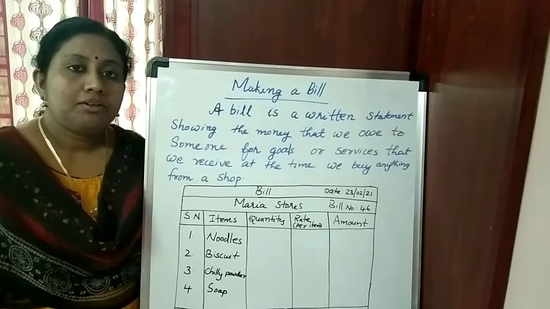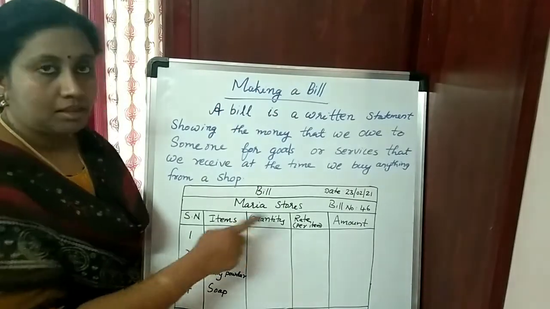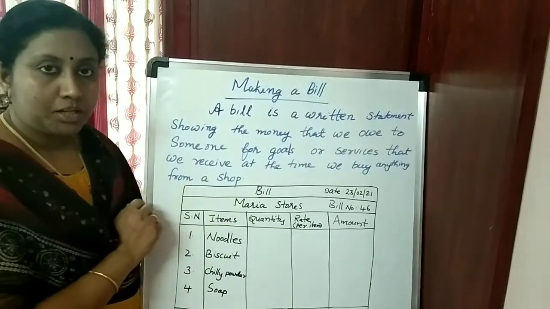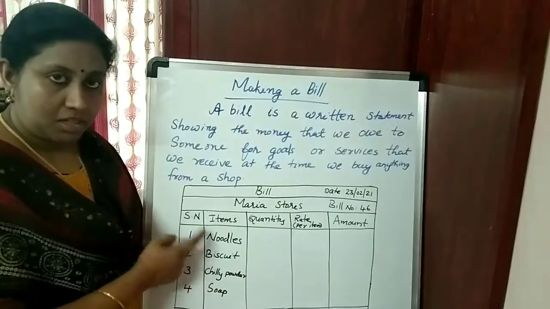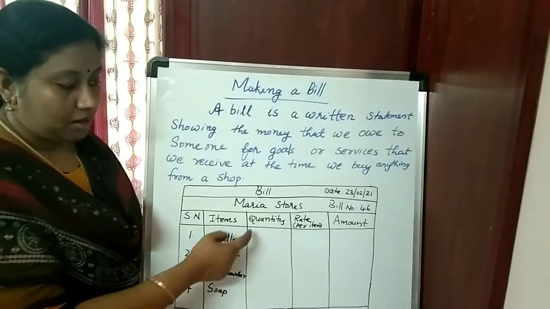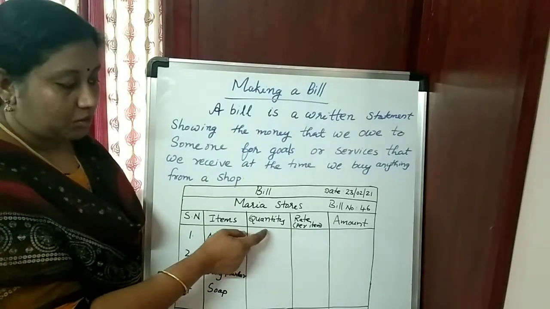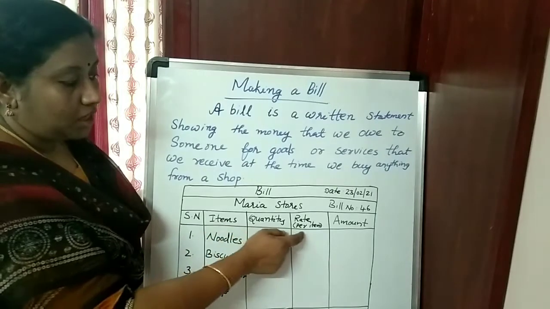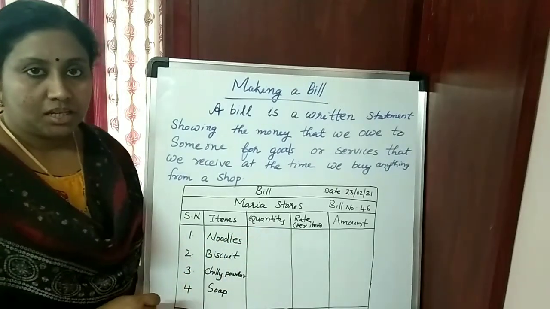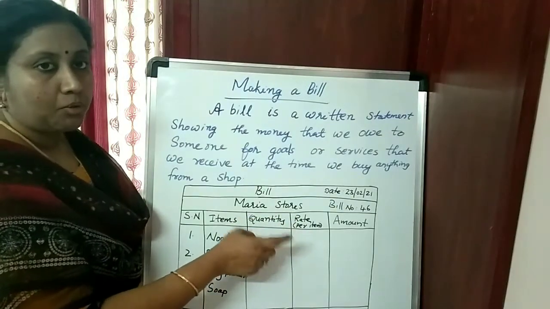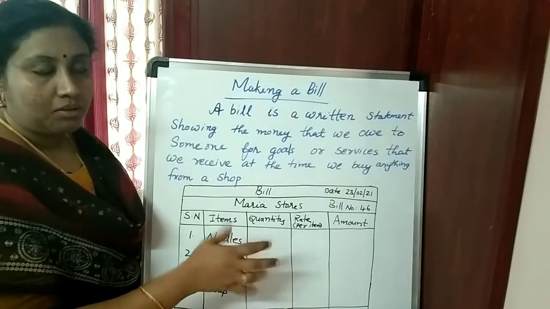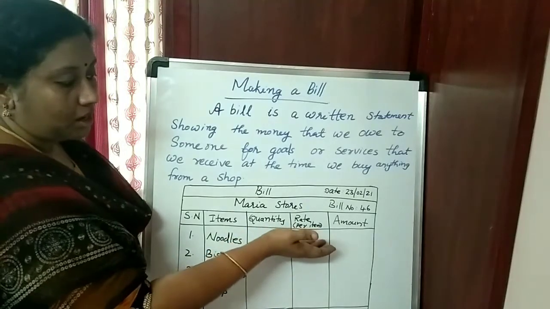In that slip our things are mentioned like this. That means the name of that shop, then serial numbers, items, which are the items, then number of items, that is quantity, then rate, what is the cost of each item, or cost of 1 kg, like that.